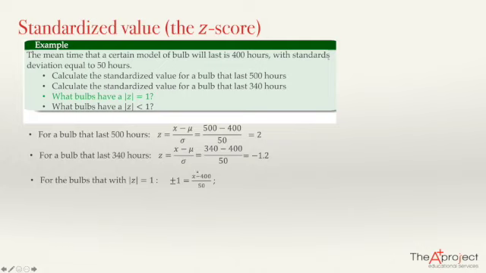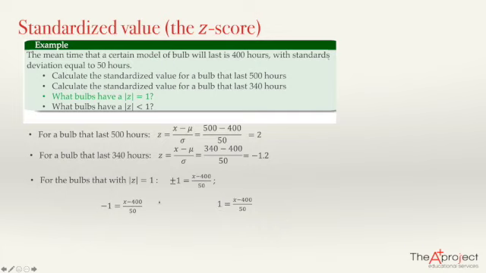Actually this expression defines two equations: one where we have negative 1 equal to x minus 400 over 50, and another where we have positive 1. Remember these two values have an absolute value equal to 1.